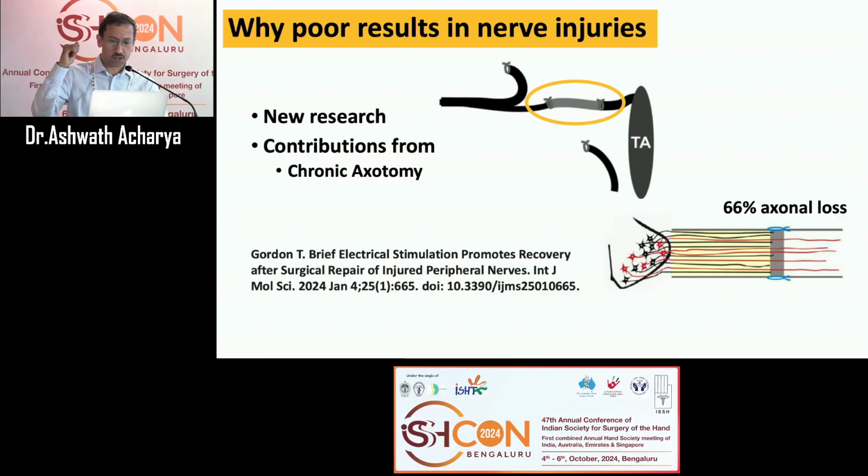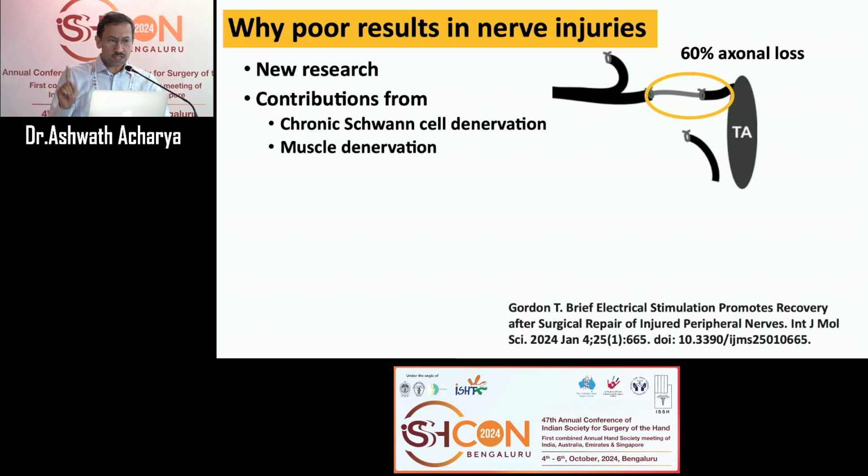So chronic axotomy causes 66% loss. Hardly around 30% of the axons ultimately reach the muscle, but that is well compensated. But what is worse is the distal segment, where you have a significant loss of the Schwann cells. So Schwann cell denervation is one of the maximum contributors to poor function.